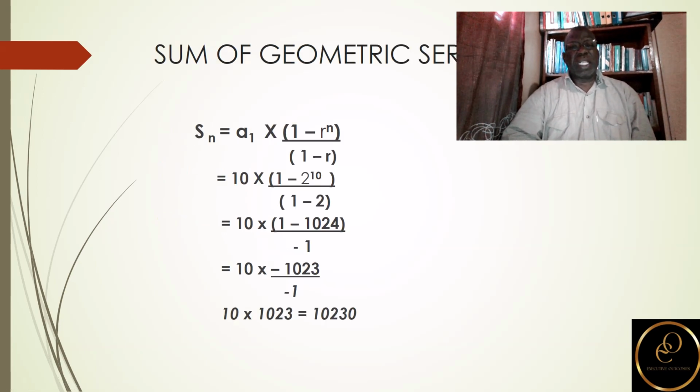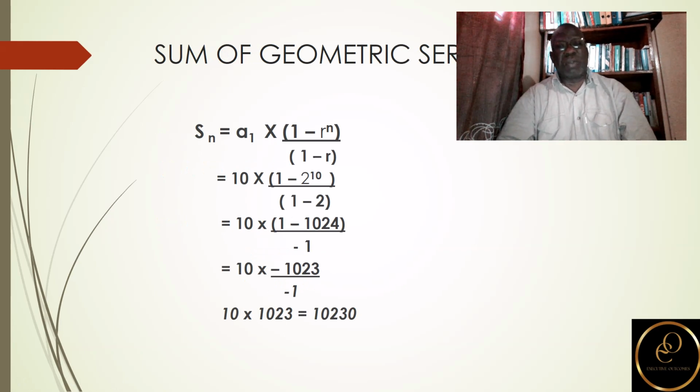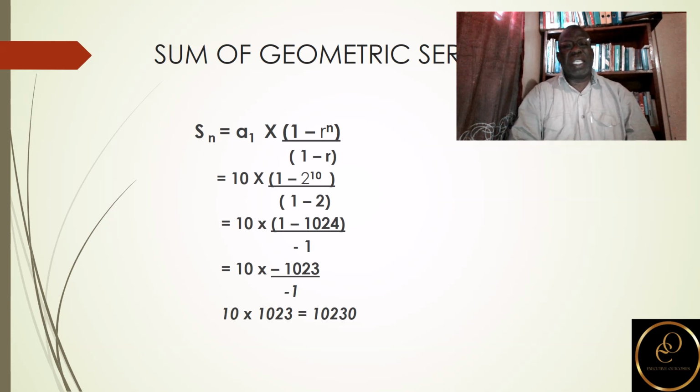So let's look at the sum of geometric series. The formula to use for the sum of geometric series is S subscript n, which is equal to the first term multiplied by the open bracket 1 minus r raised to the power n, and then divided by open bracket 1 minus r.